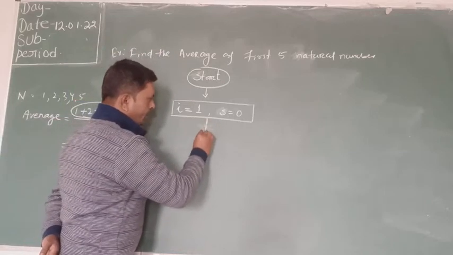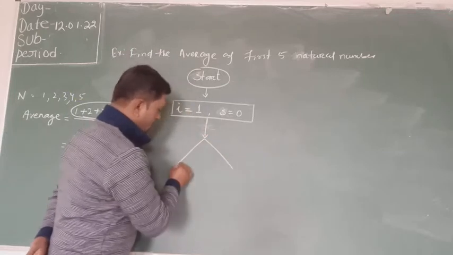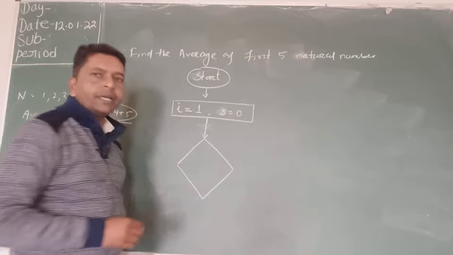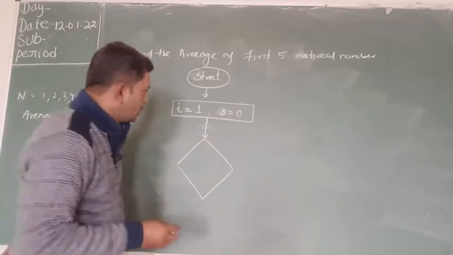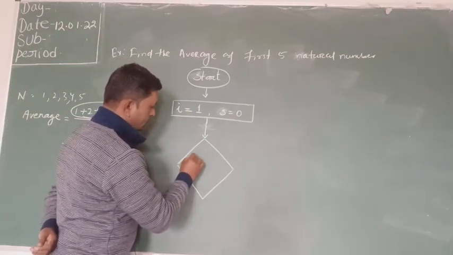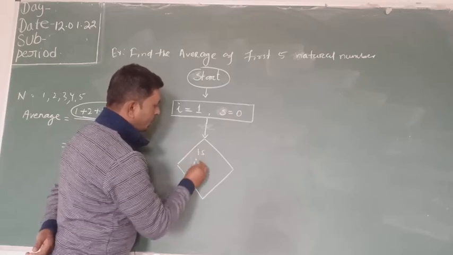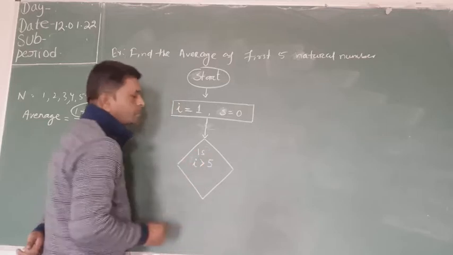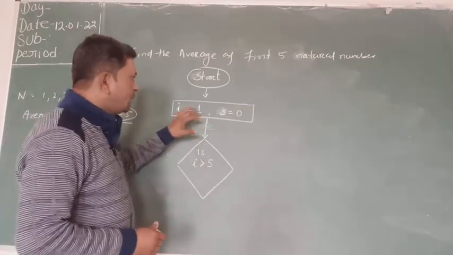So here I am taking one decision box, and in the decision box: is I greater than 5? We have to count the 5 numbers. First I is 1.